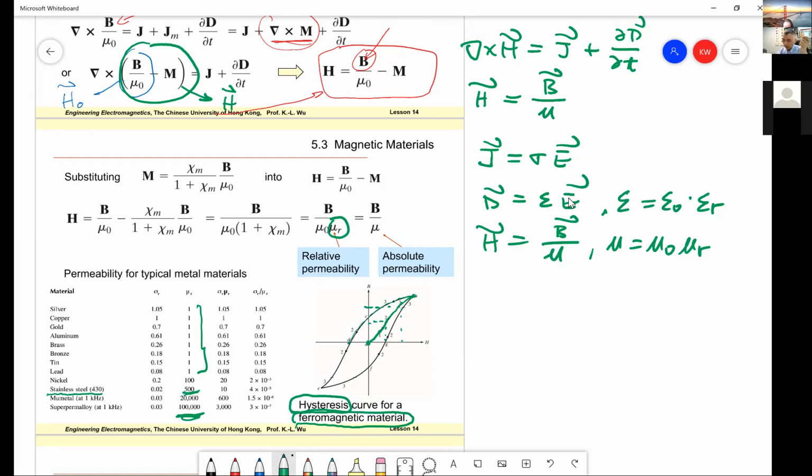Then if you apply a reverse field to this level and then you increase again, you come to another point, and then you increase again, so they come to this point. So this curve we call the hysteresis curve, okay. That material tends to have such unique properties.